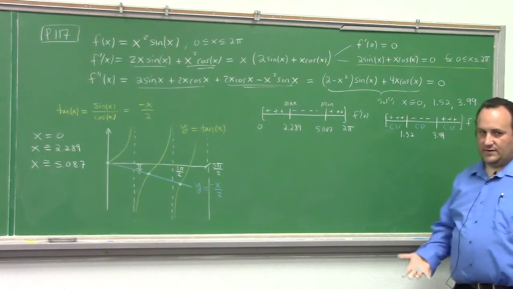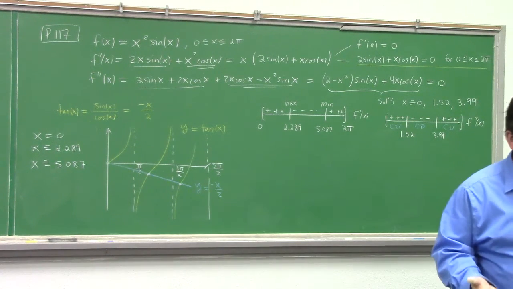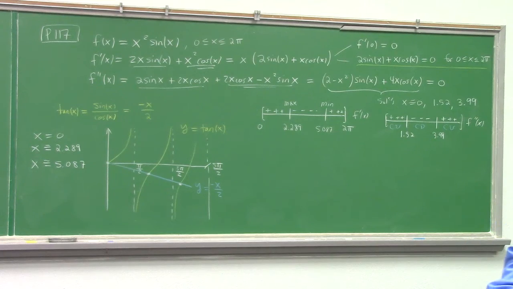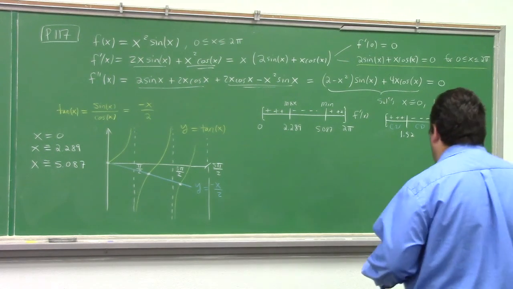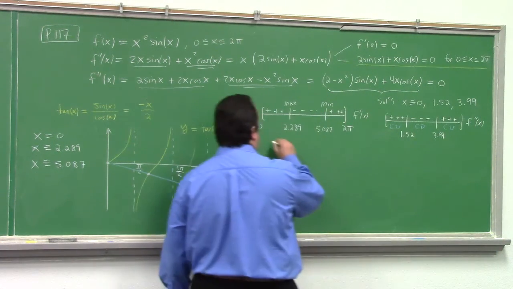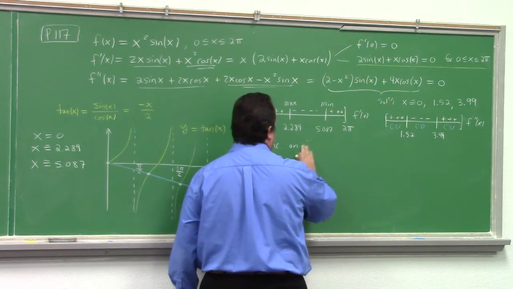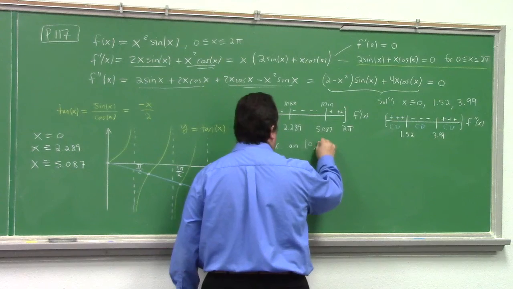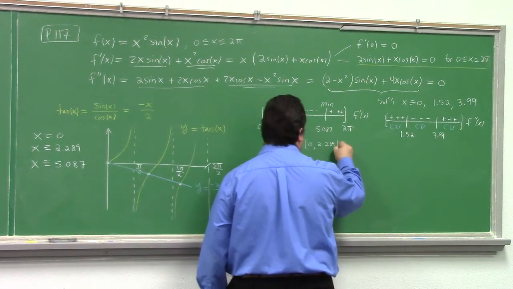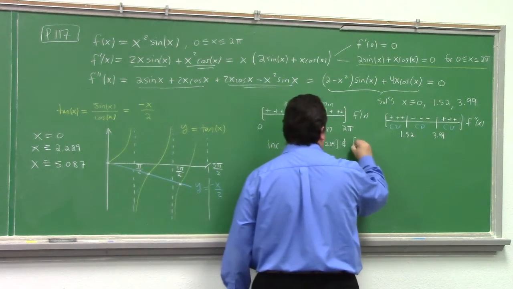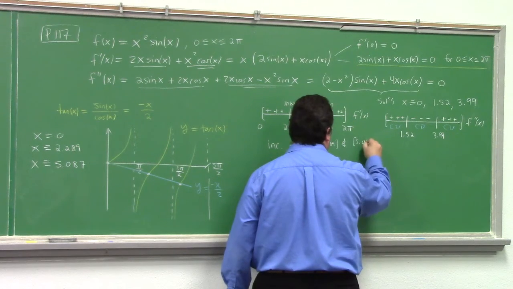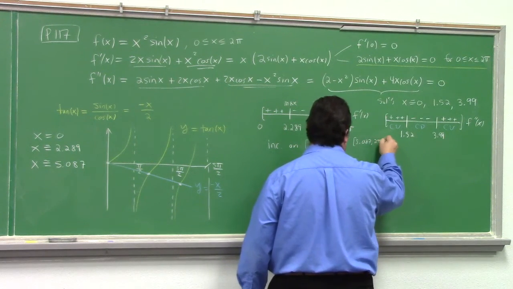Now, I always ask you guys to write the intervals of increase, decrease, and the intervals of concavity, so I should probably do that. This is increasing on 0 to 2.289 and 5.087 to 2 pi.